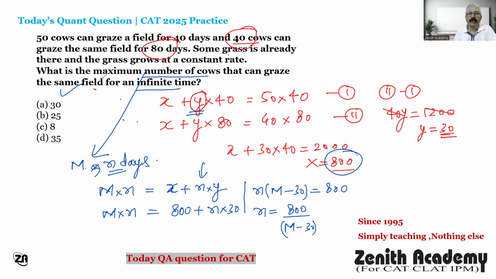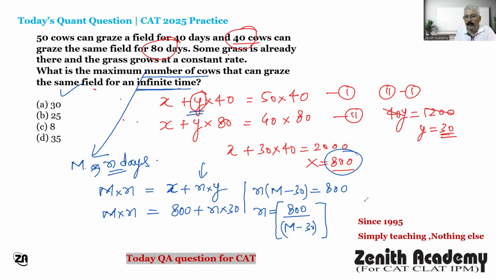Question is, what is the maximum number of cows that can graze the same field for infinite time? So look here, n is equal to infinite, it means the denominator should be 0, right? 800 upon m minus 30. So if you want n to be infinity, the denominator must be 0.